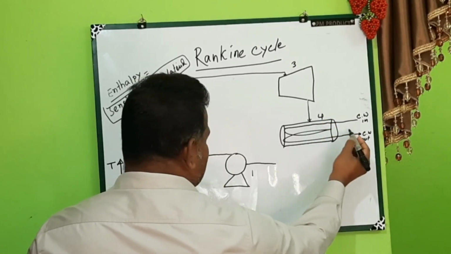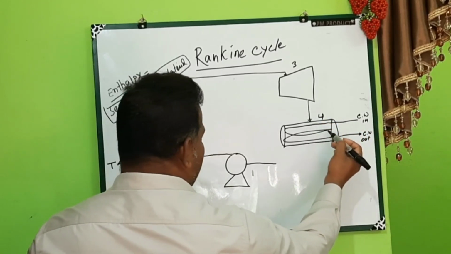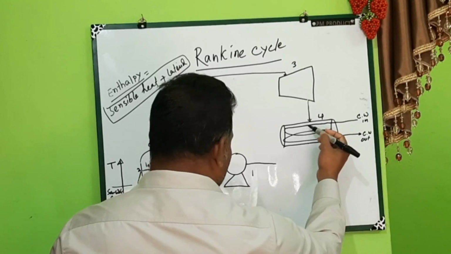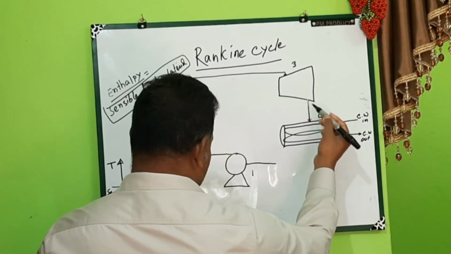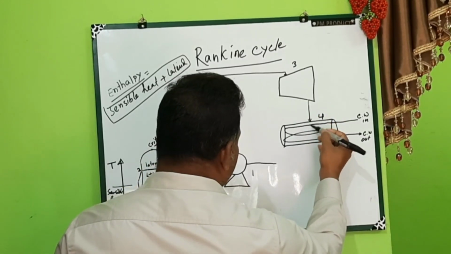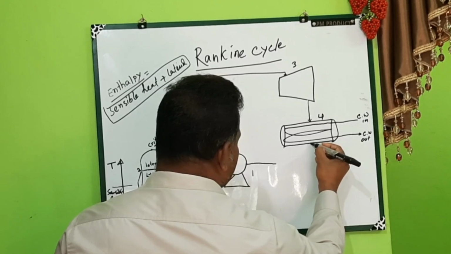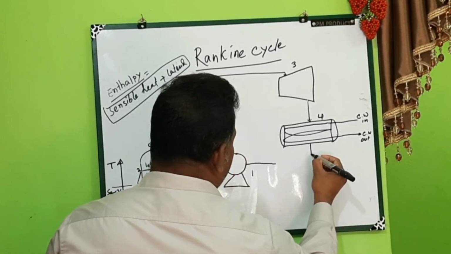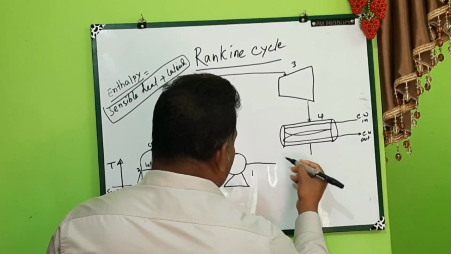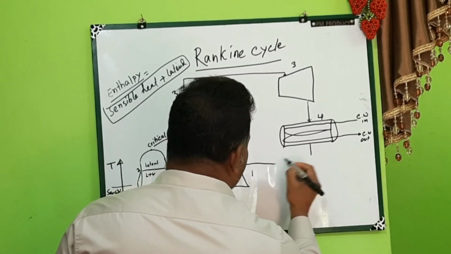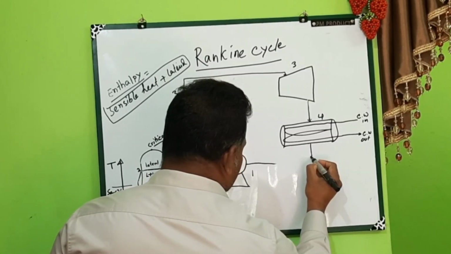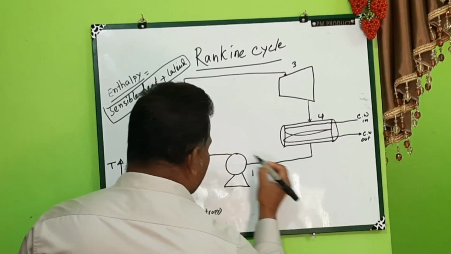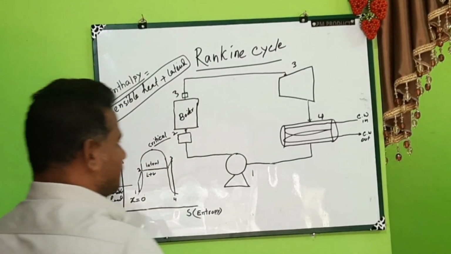The condenser is provided with cooling water. By contact with the cooling water, the temperature is reduced more and the vapor phase changes. After passing through this condenser, this vapor is converted to liquid, and it will again come to the pump suction.